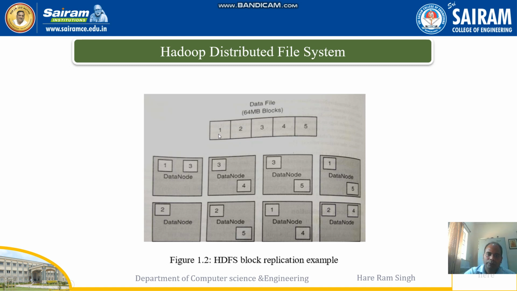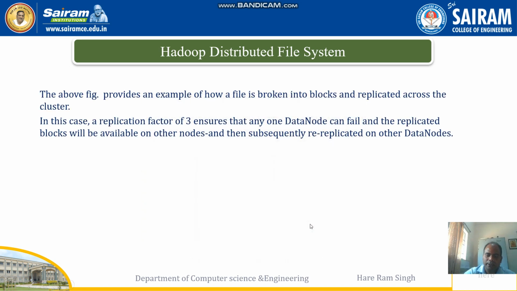The first block, which is of 64 MB, will be stored in the first data node, and the replicas of the first block will be stored in the fourth data node, then the seventh data node. Similarly, the second block will be stored in the fourth, fifth and sixth data nodes. So you can see that for every block there are 3 replicas.